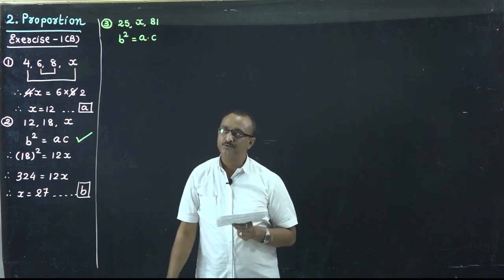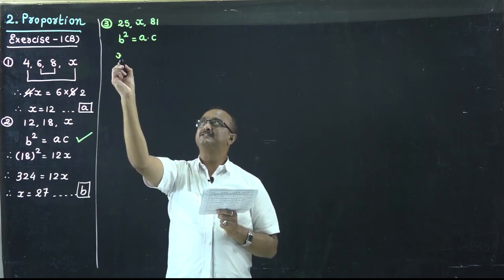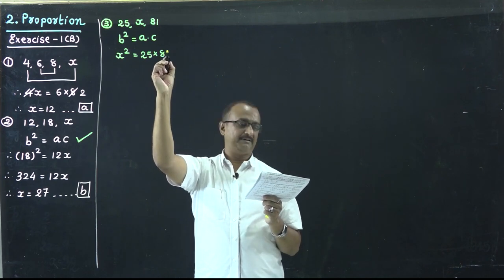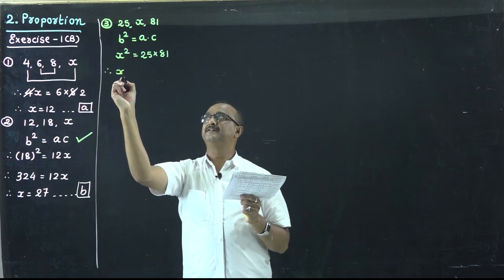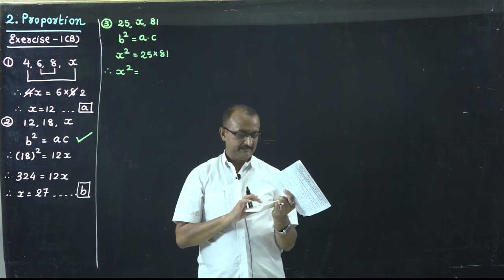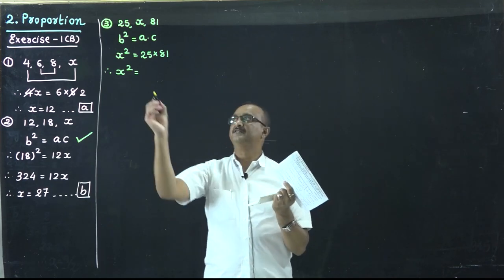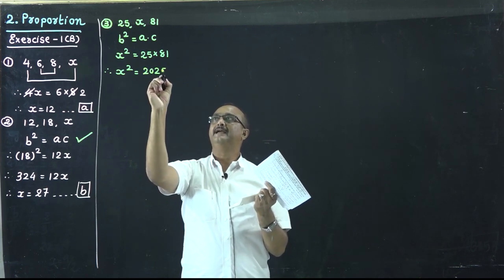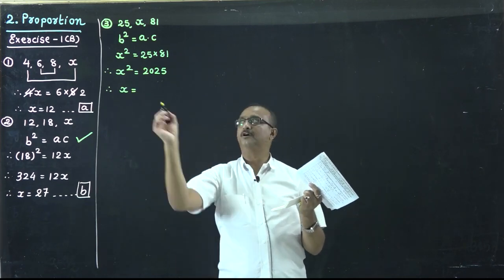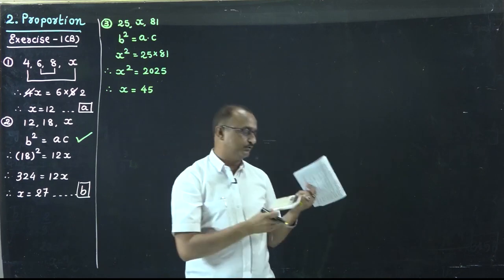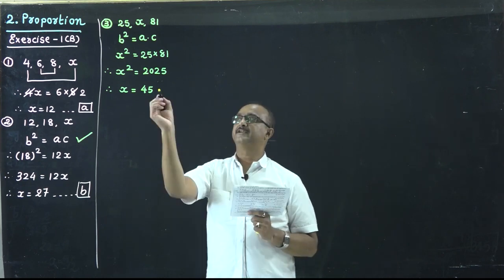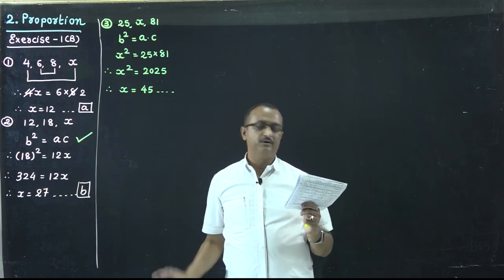So x square is equal to 25 into 81. 25 into 81 is equal to 2025. Taking square root on both sides, x is equal to 45, and it is given in option C.